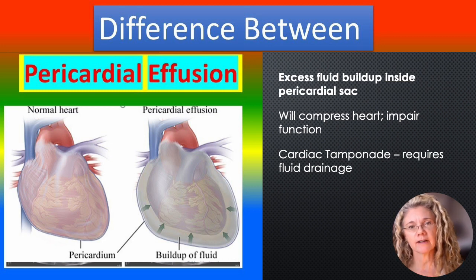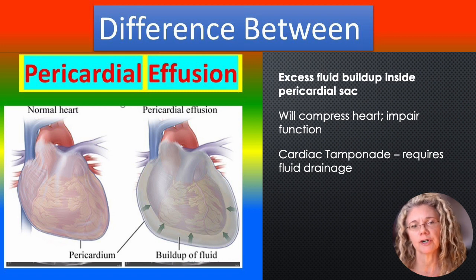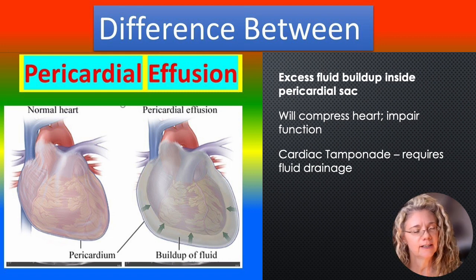Now remember that pericardial sac, super durable, doesn't stretch. And think for one moment, what do you think would happen if we've got a buildup of fluid inside that sac? Yeah, all right. So Physics 101 says you can't compress fluid, and human bodies certainly cannot.